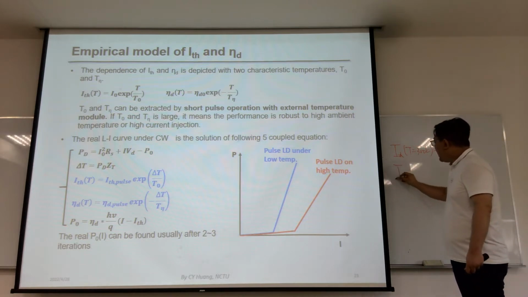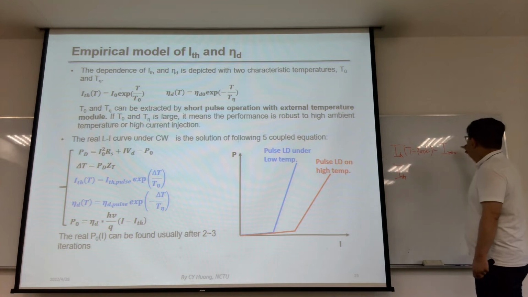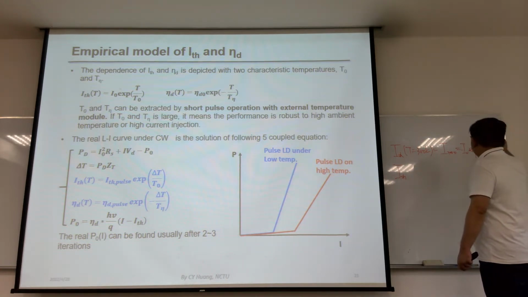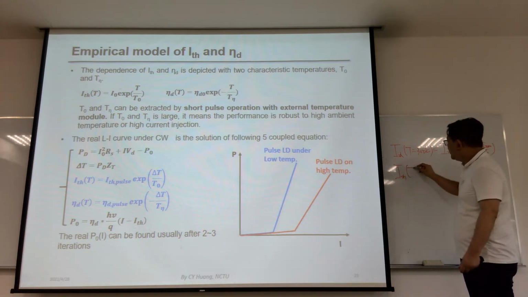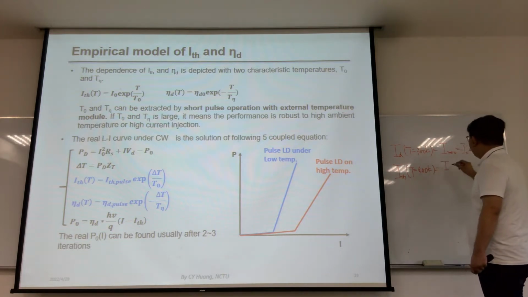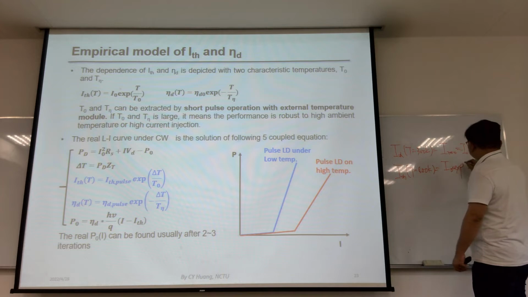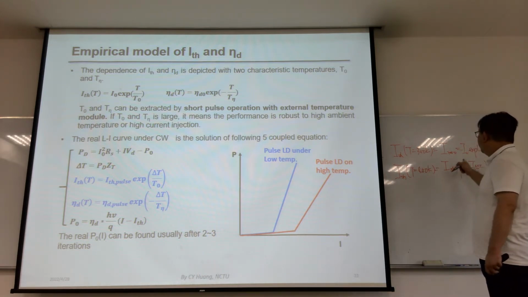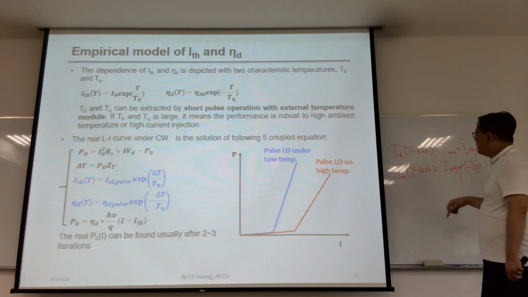And we can model that ITH as I0 exponential T over T0. And ITH at T equal to 400K, for example, this will be I0 exponential T400 over T0. And you can divide each term to eliminate the unknown parameter.